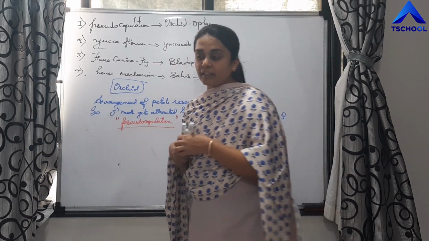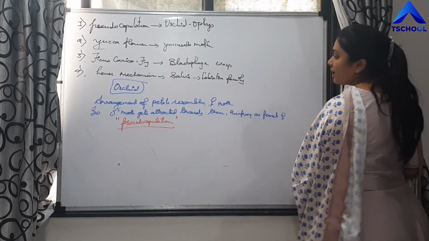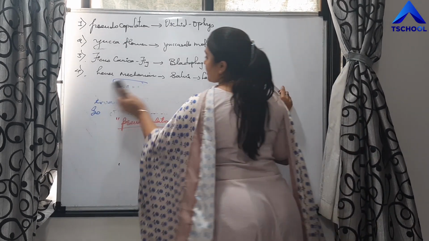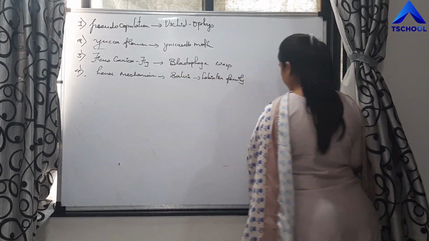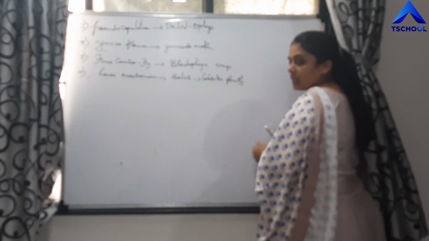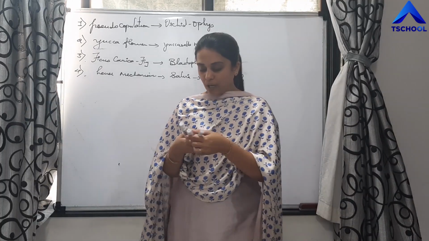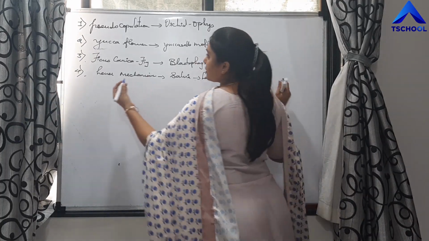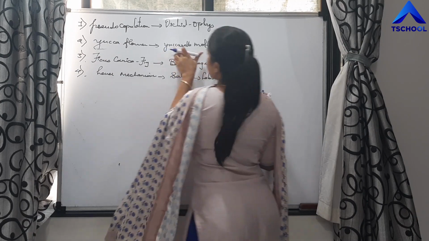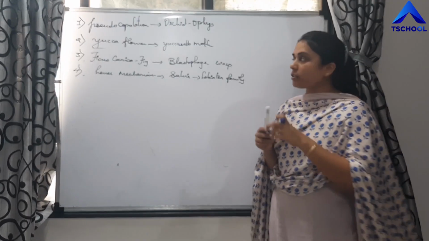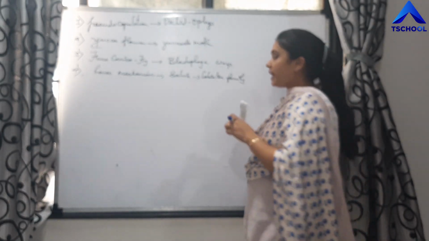Then second thing is in case of yucca flower. Second example is in case of yucca flower, right? See what happens. The moth is yucca cella moth and the flower is yucca flower, right?